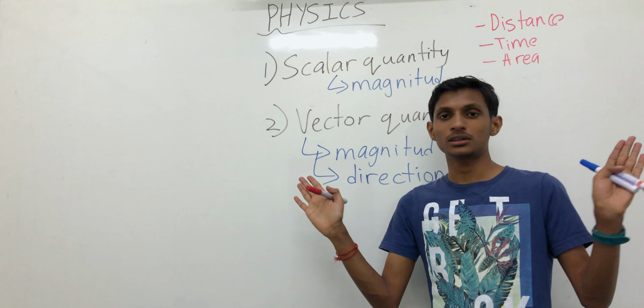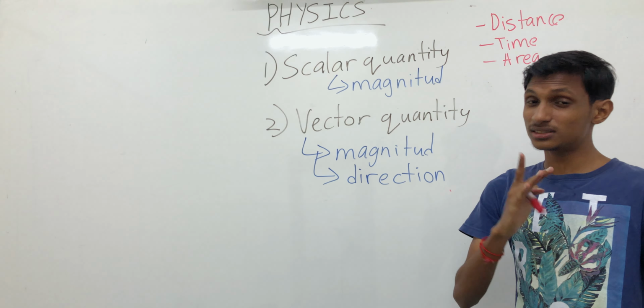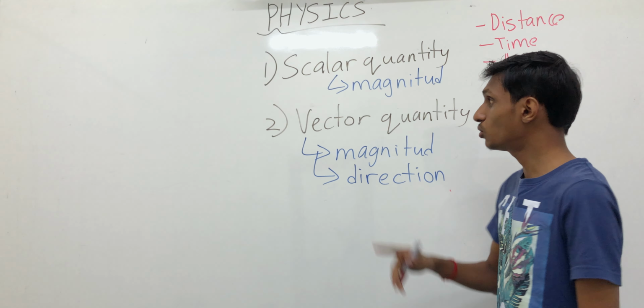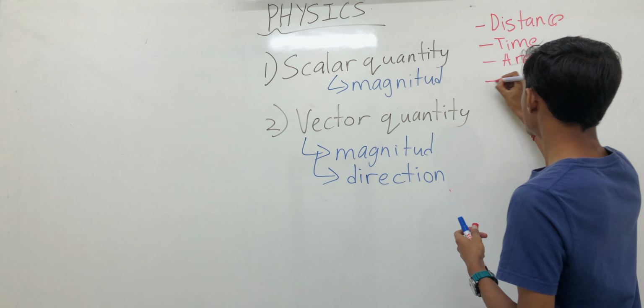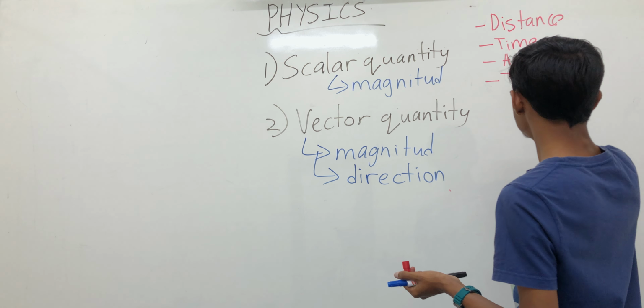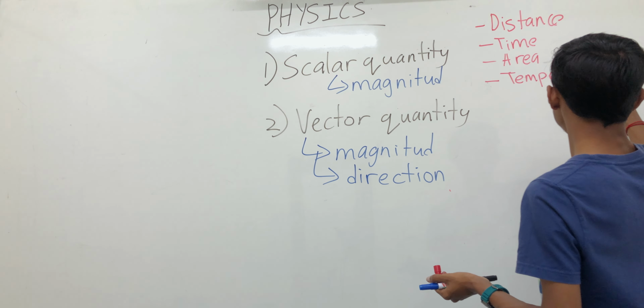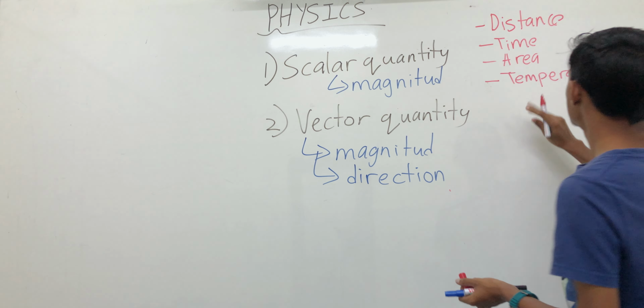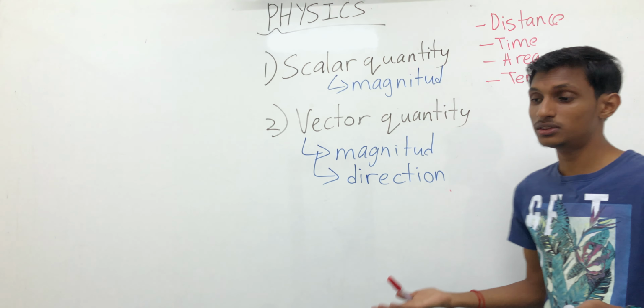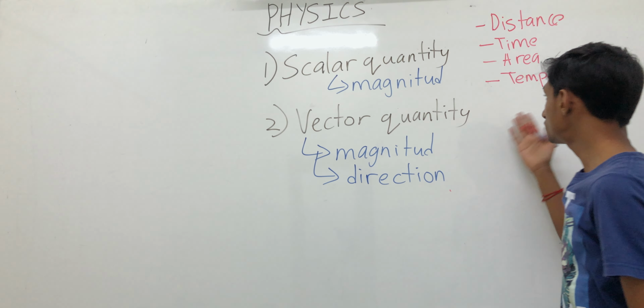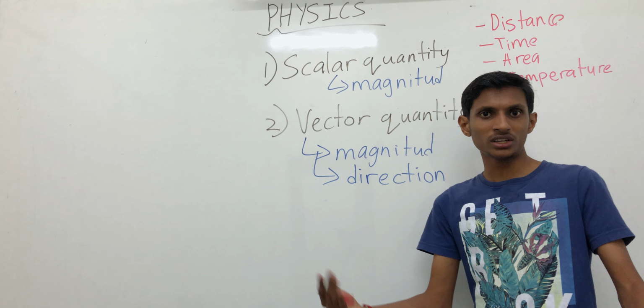So scalar quantities don't need a direction. They only have magnitude. What else? Temperature. I mean 23 degrees Celsius, you can just pretty much know it. It doesn't have direction, right?